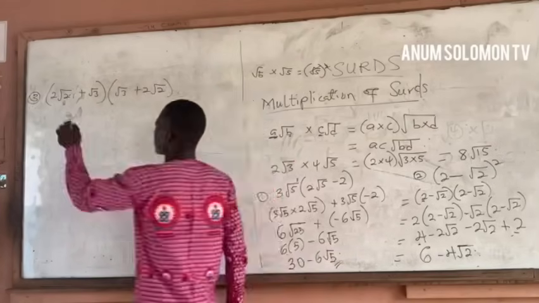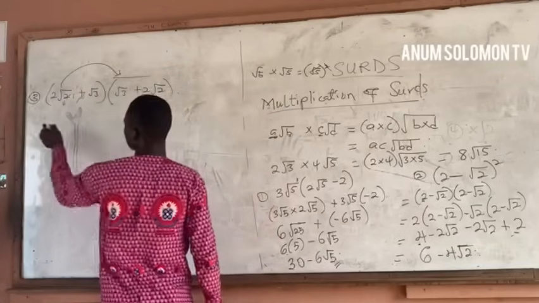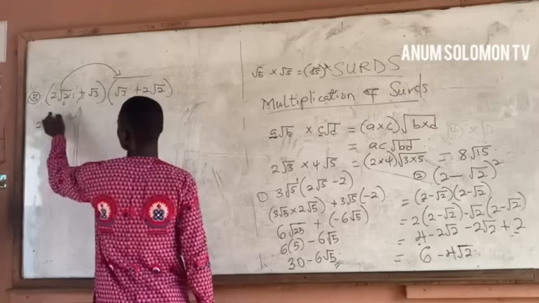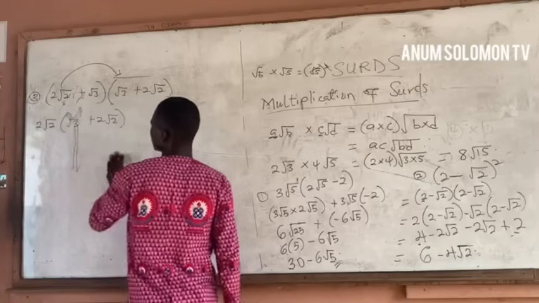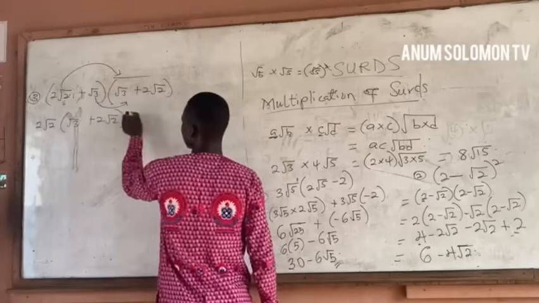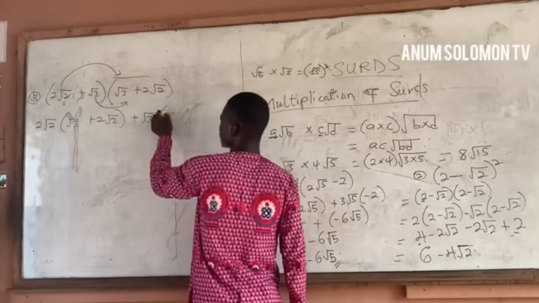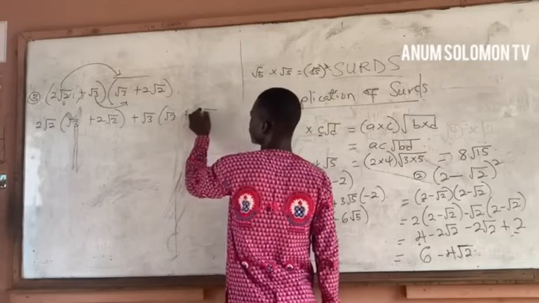I'm going to pick the first term here to multiply all the terms in the second bracket. We have 2 root 2 bracket root 3 plus 2 root 2. Then take the second term to multiply the same bracket: plus root 3 bracket root 3 plus 2 root 2.